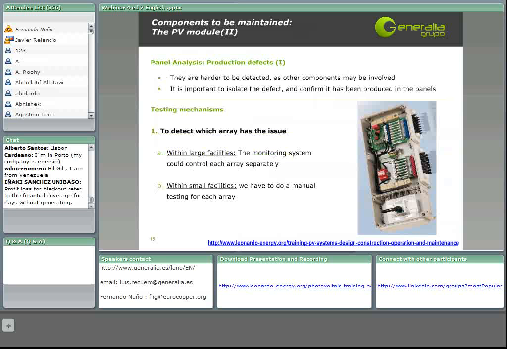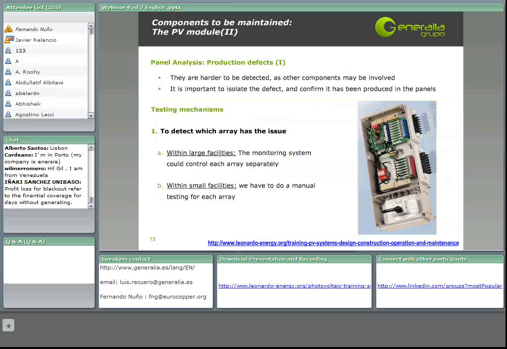In order to detect production defects, we have to know that they are hard to be detected, because sometimes other components can be involved. So, it is important to isolate the defect and to confirm that it has been produced just because of the modules, and that it happens in the modules. First, we have to detect which is the array that has the issue.